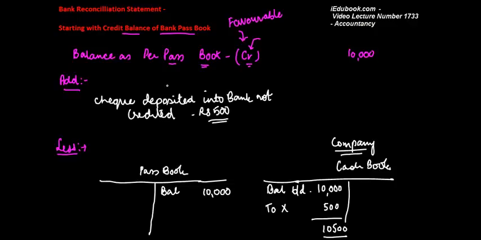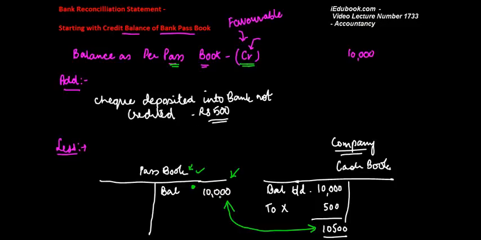Now your starting point is the balance as per the passbook, right? Because you're given this balance. In such a case, the adjustment that you have to make, whether increase or decrease, has to be made to this balance. As I told you earlier also, this balance should ideally tie up with this, but the adjustment which has to be done in this case is to this balance, because this is the starting point we have.